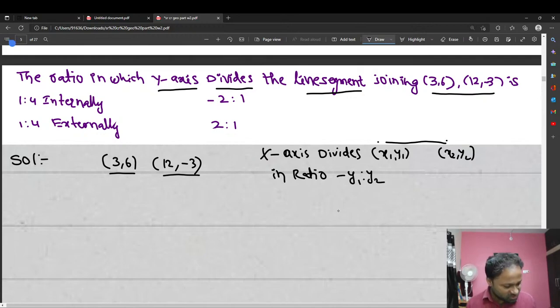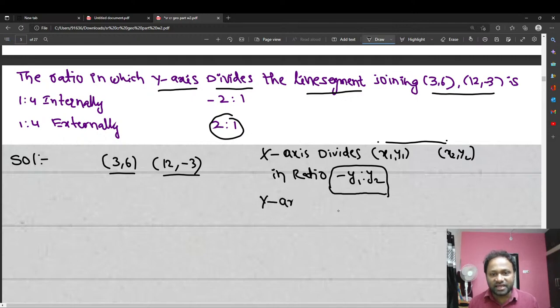Okay, so Murthy says 2 is to 1. Let us check whether his answer is correct or not. Okay, right. The x-axis divides the line joining the points in the ratio minus y1 is to y2. Of course, it has a proof, but I won't go into that proof. Just the formula I am going to say.